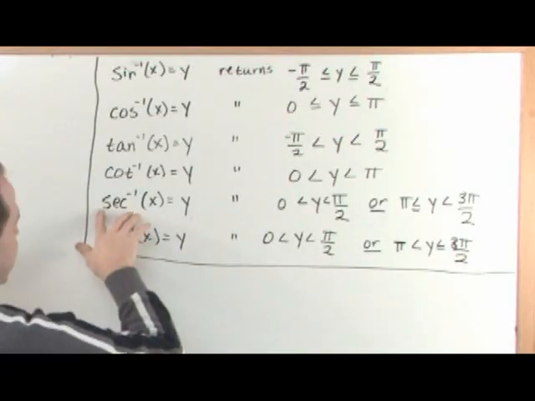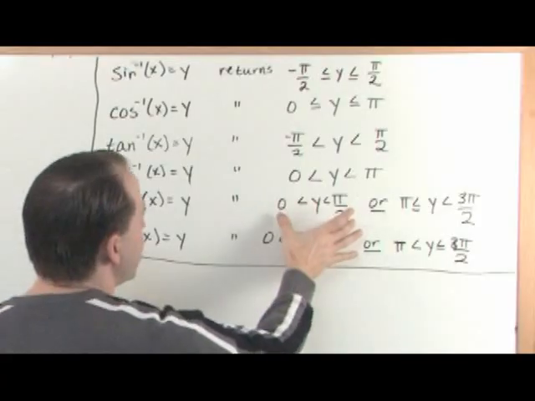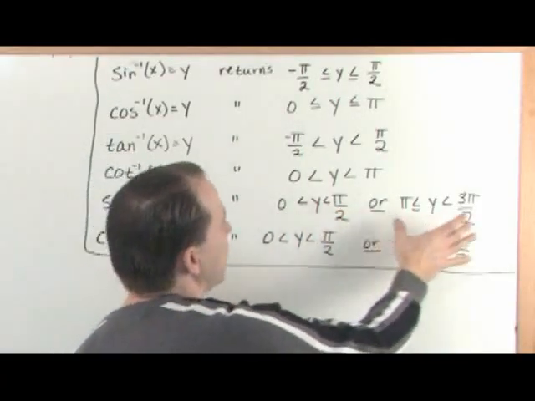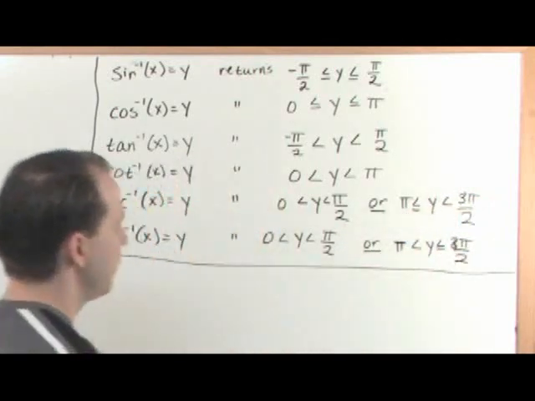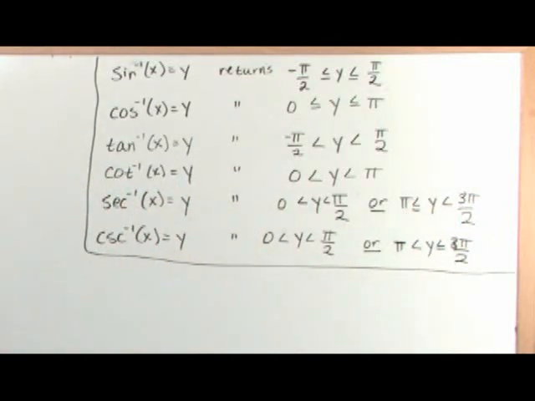The inverse secant function returns an angle between 0 and pi over 2, and also between, or I should say, pi and 3 pi over 2, and it was chosen that way because if you graph the secant function, you'll see some singularities.